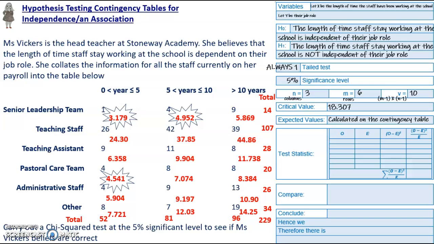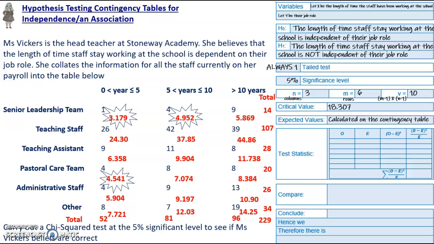So I've got 3 different things that I need to combine here. It would not make sense for me to combine senior leadership team and pastoral care team. They're not 2 things that would necessarily combine well together. I could combine senior leadership team with teaching staff and then combine pastoral care team with admin staff perhaps.